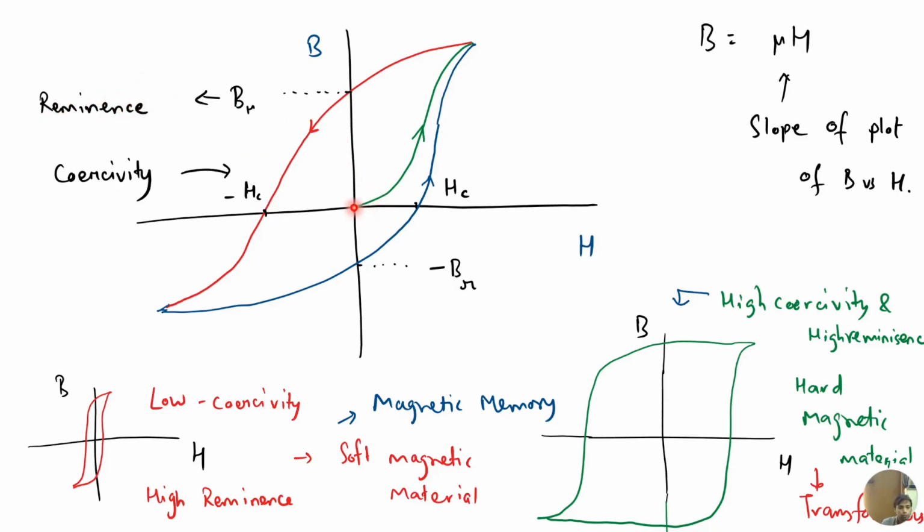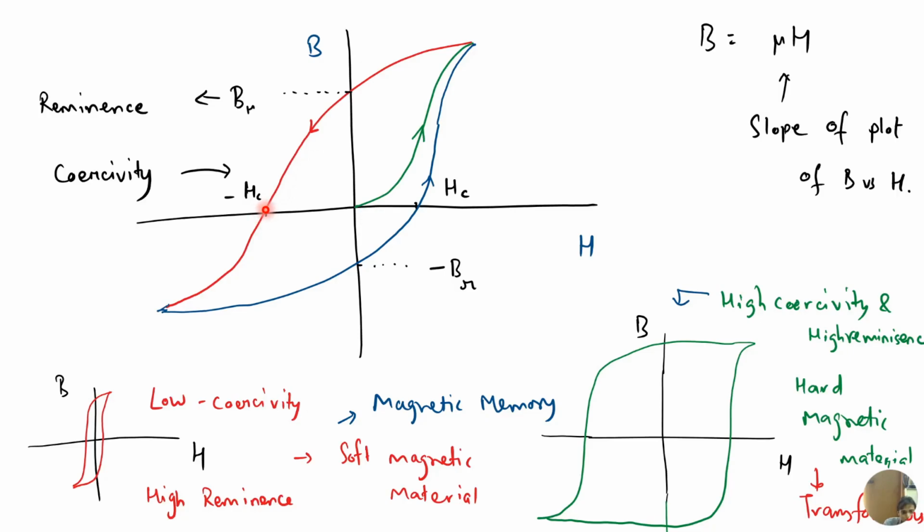Now we apply the magnetic field strength in the opposite direction. When we have a certain magnetic field strength in the direction opposite to that of the magnetic field induction, the magnetic field induction will come to 0.